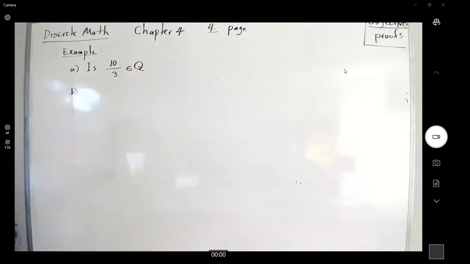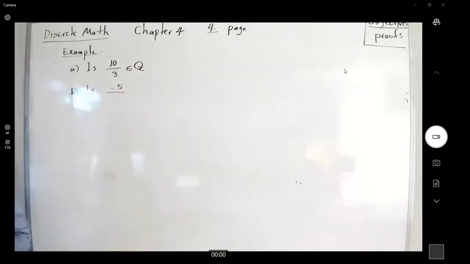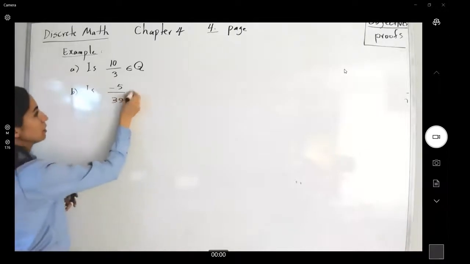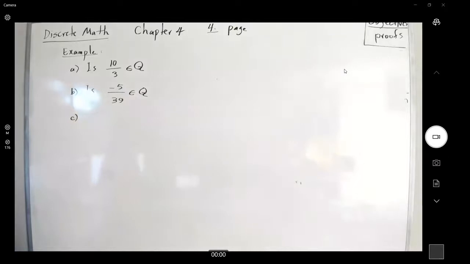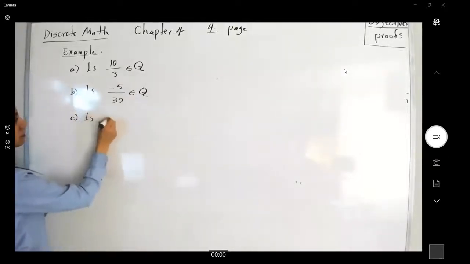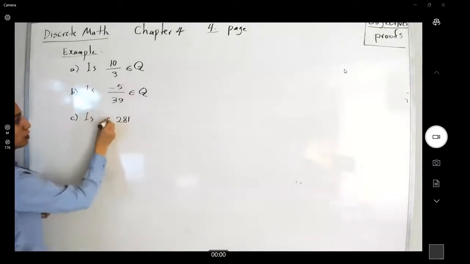B, is -5 divided by 39 a rational number? C, is 0.281 a rational number?